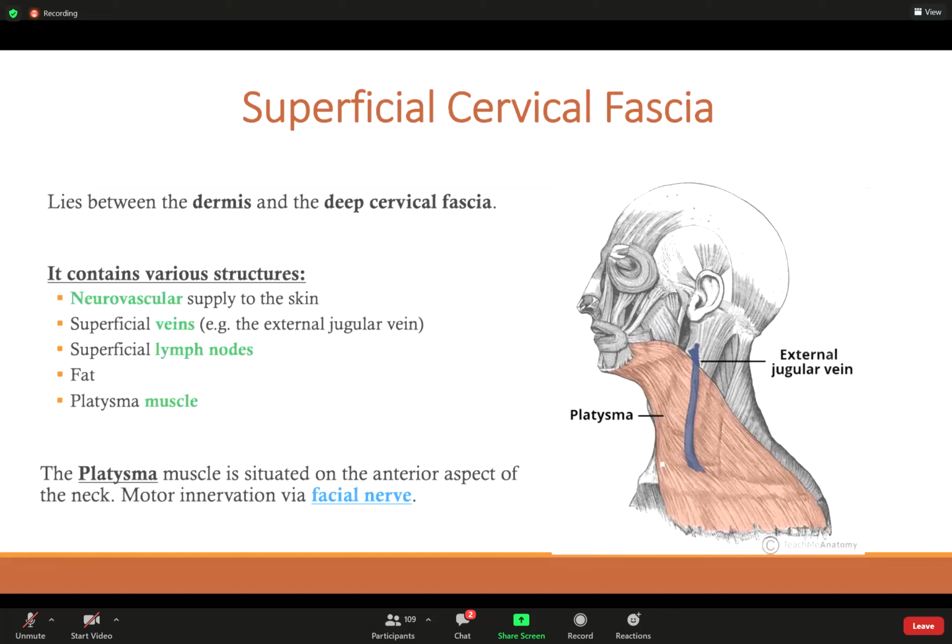This is very obvious for males when they want to shave their beard. They stretch the neck so that it's very easy for the blade to pass through the neck region. This muscle is considered a muscle of facial expression. All the muscles of facial expression are innervated by the facial nerve, and the platysma is one of these muscles innervated by the facial nerve.